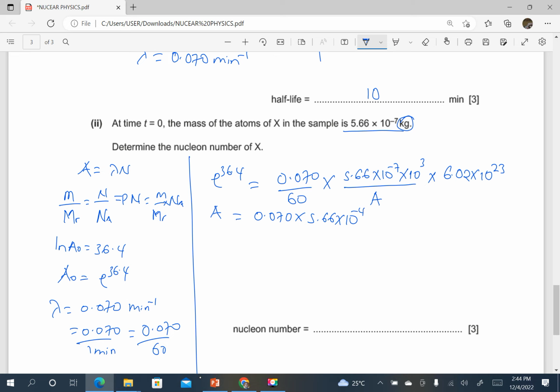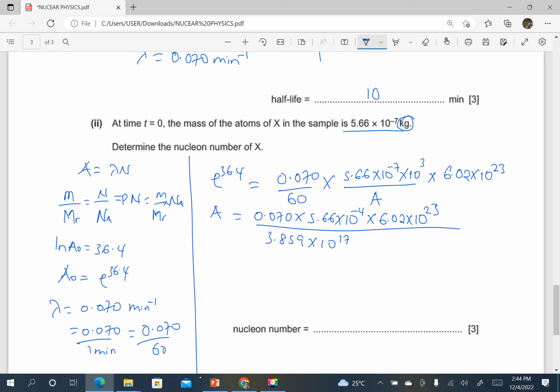This becomes power negative 4. Then times 6.02 times 10 power 23. Then I divide this by the answer I've got here, e power 36.4, which is 3.859 times 10 power 17.